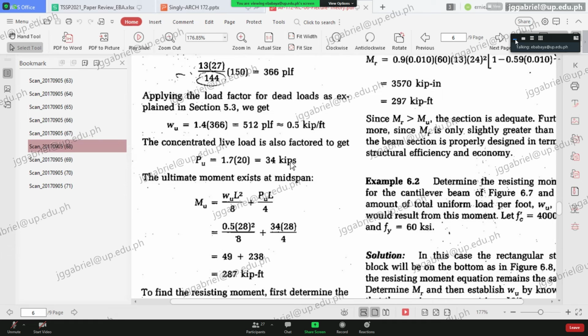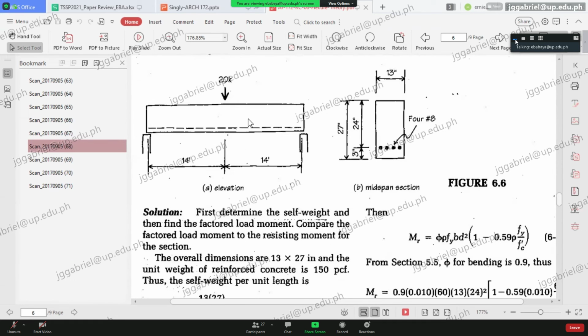For a simply supported beam, if you want to get the maximum moment, of course, you have to get the shear and then moment diagram and then compute for the maximum moment. In here, the maximum moment will occur at midspan.